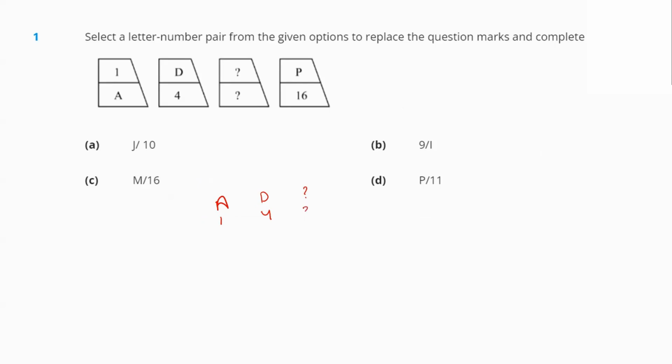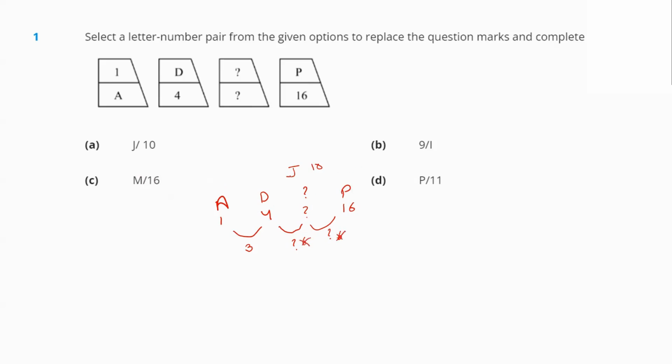So this is a question mark, this is also a question mark, 8 represents 16. So we find the difference of this number, it is 3. We don't know this, and we don't know this. So if we put an assumption here, seeing the option J and 10, it will be plus 6, then 6 plus 6. There is no relation coming here.